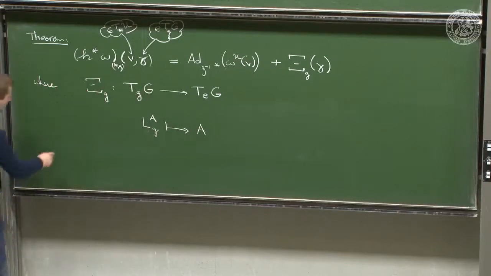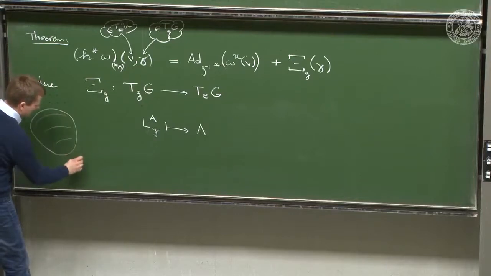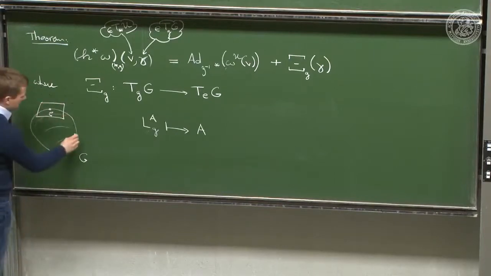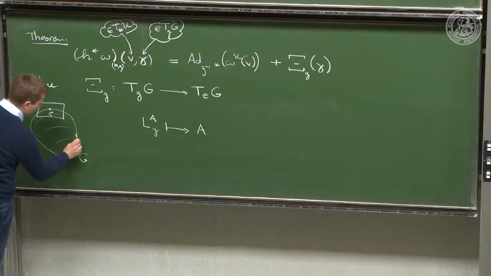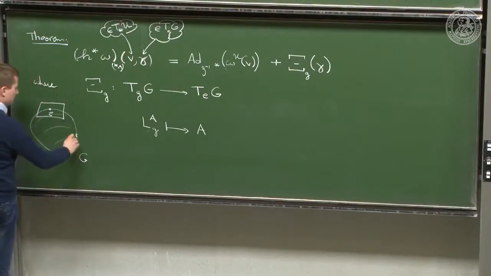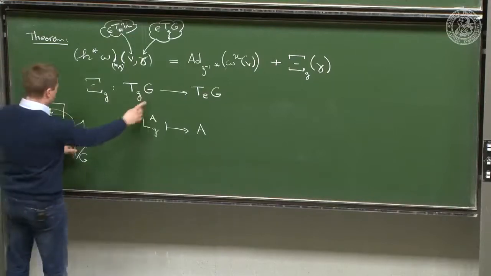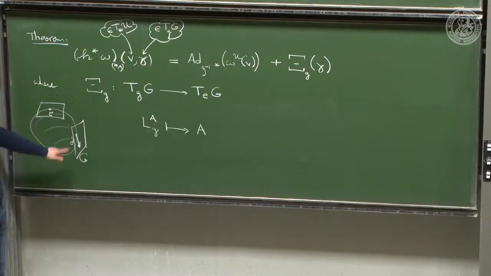Okay, so let me make a picture. So assume here the surface of the sphere is the Lie group. We have here the identity, so there's the tangent space to the identity. Let's assume here we have the Lie group element G. There's a tangent space here. So we are at the tangent space here, and we take an arbitrary vector from this tangent space, say this one.